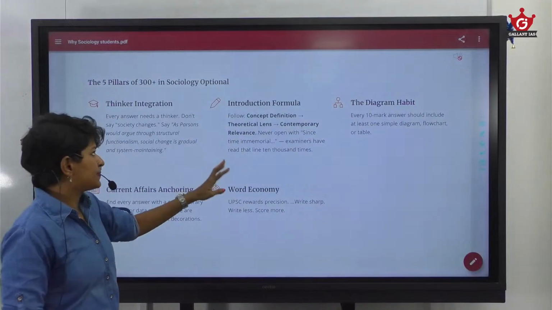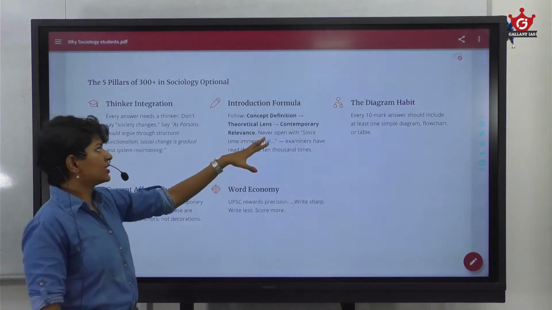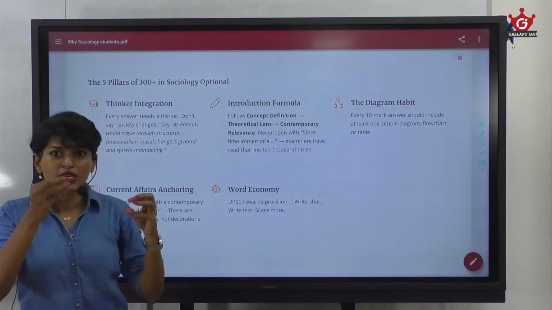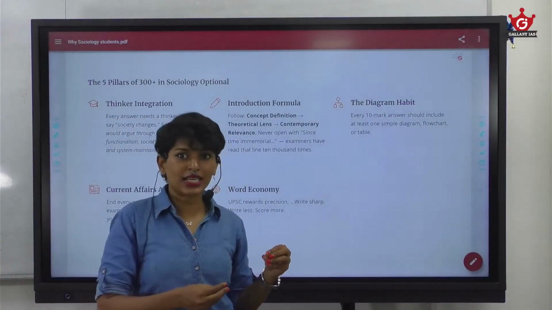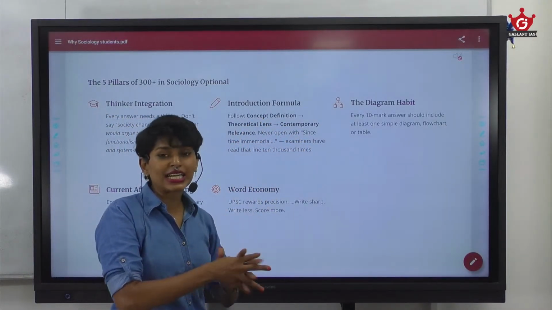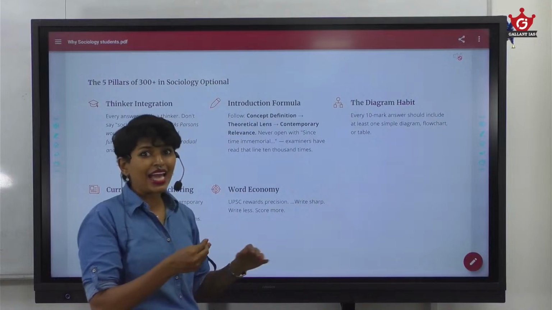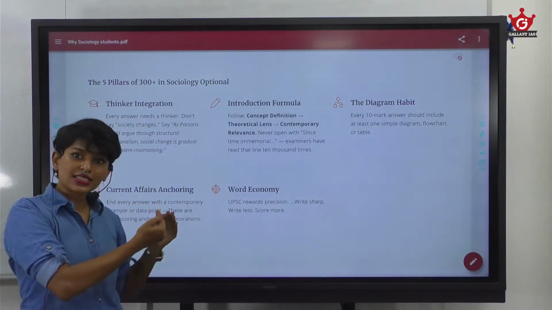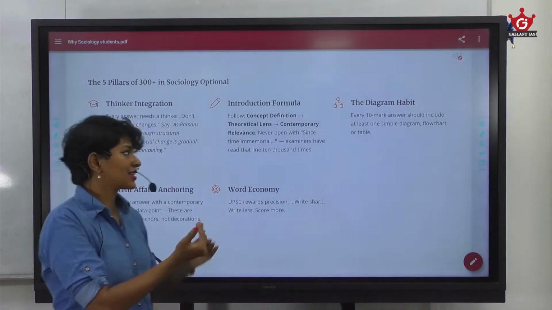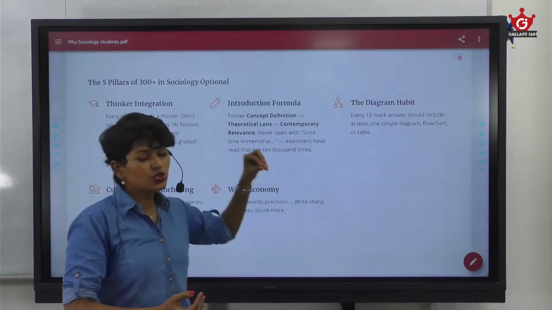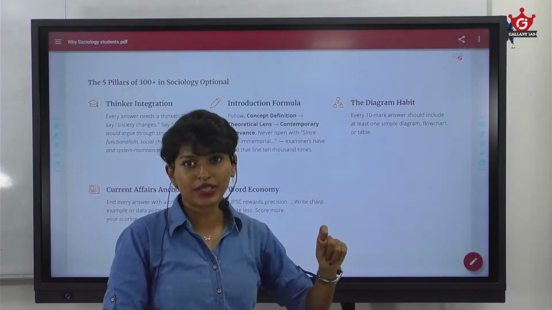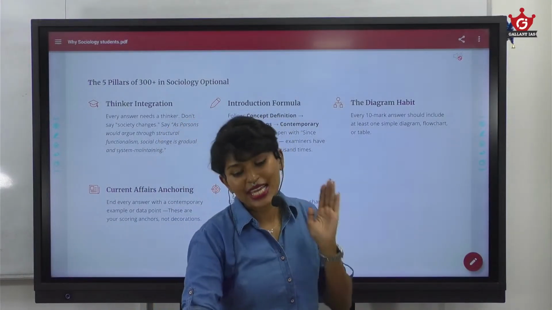Then the second one: when you come up with your introduction, you are defining the concept that is asked, you are also bringing the theoretical part to it, and you are stating the current relevance of the topic. That will give you the edge.